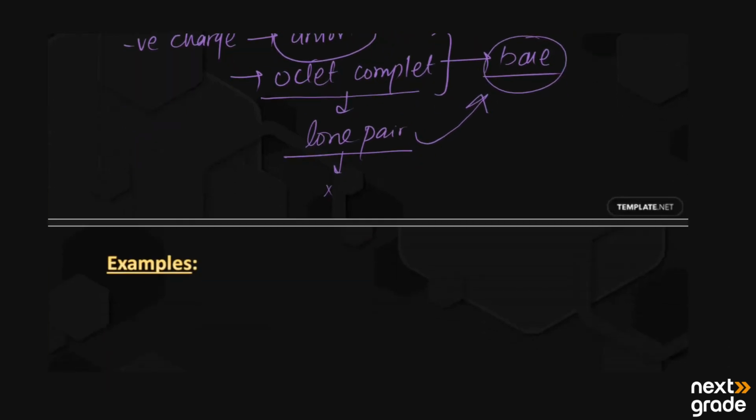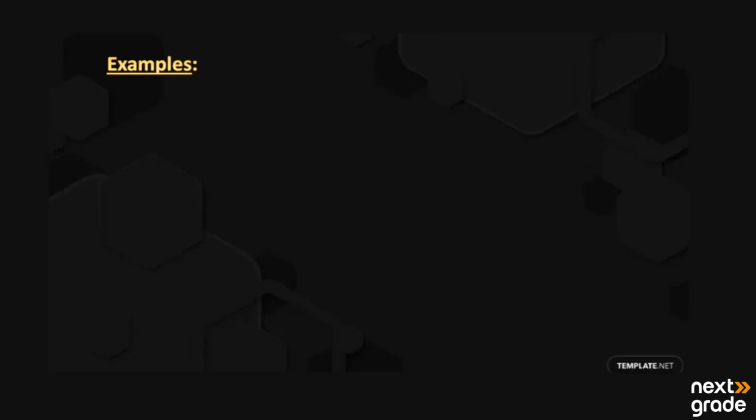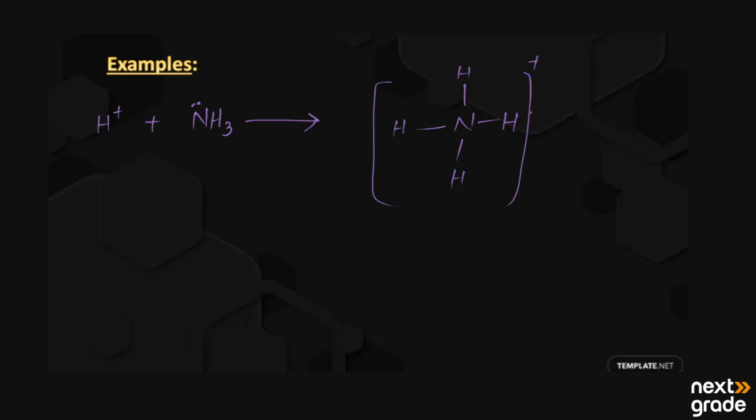Let's have an example for the Lewis base. We have the reaction of H positive ion with ammonia NH3. Here nitrogen has a lone pair. After the reaction, we get the product by writing the structure for ammonia NH3 and this hydrogen. So we get a positively charged ammonium ion.